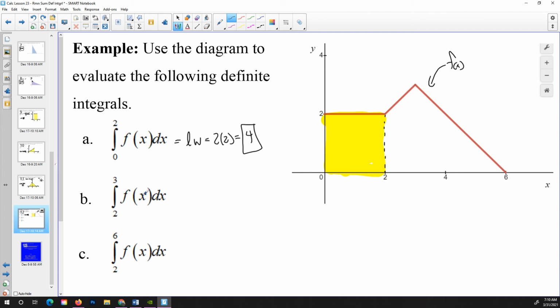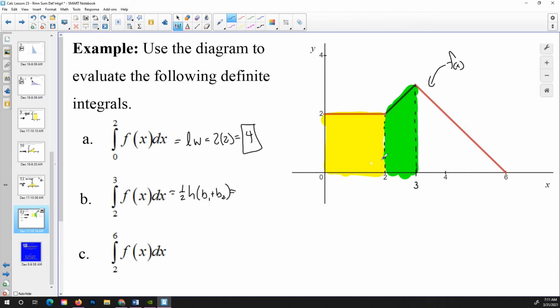From 2 to 3, well, 3 is going to be approximately right here, and we will draw that in. And so that integral will be defined by this green area right here. And that thing is a trapezoid. And so the area of a trapezoid is 1/2 the height times the base 1 plus the base 2. All right, so let's calculate it for this one.